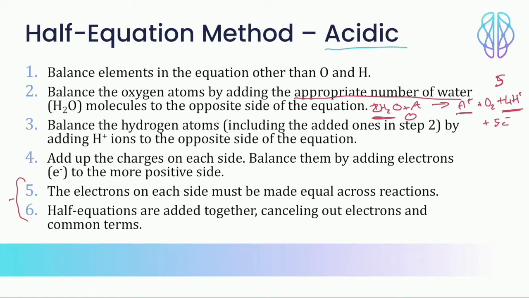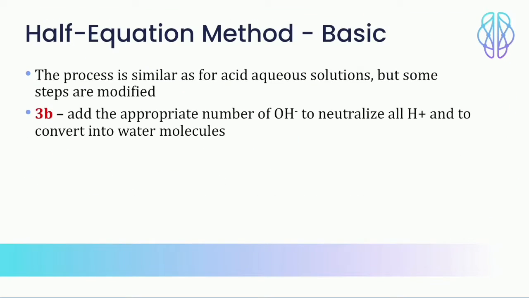So our final 2 steps are very similar to the previous example we looked at. And since we've looked at balancing them in acidic solutions, there's a slight variation in our rule for balancing them in basic solutions. So they're similar, but there's one difference between step 3 and 4 in our previous example.